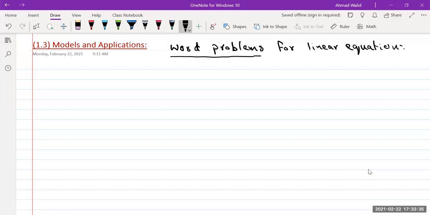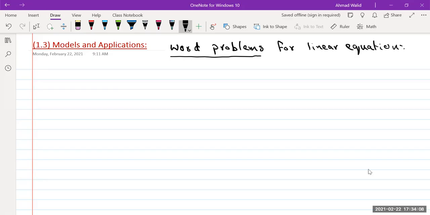In your homework, I made your homework very simple. I just brought the part where you are solving an equation or a formula for a specified variable, which I will discuss today. But I will talk a little bit about word problems, how you make word problems or how you can solve them.